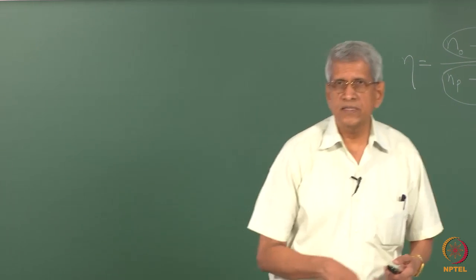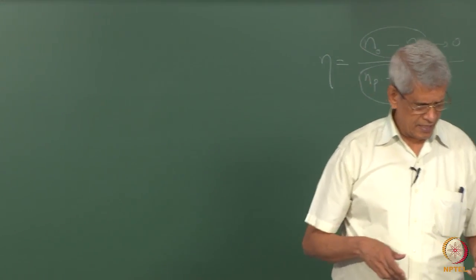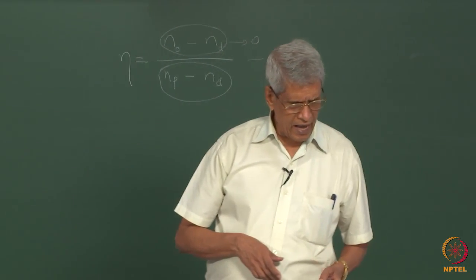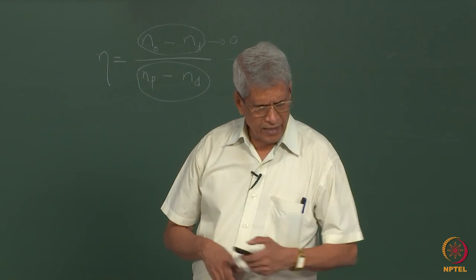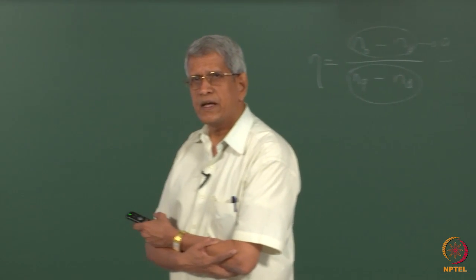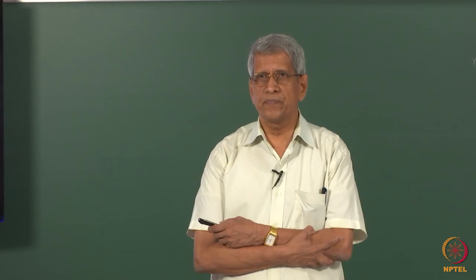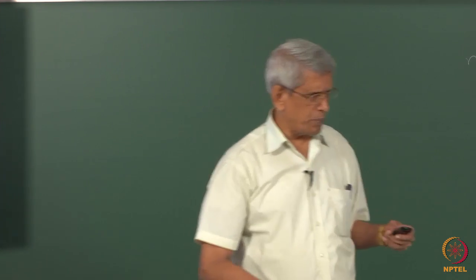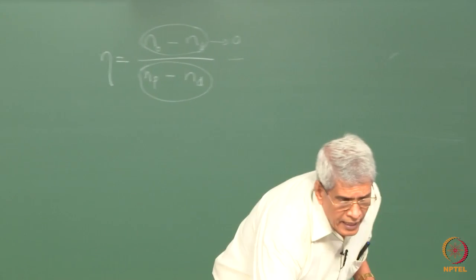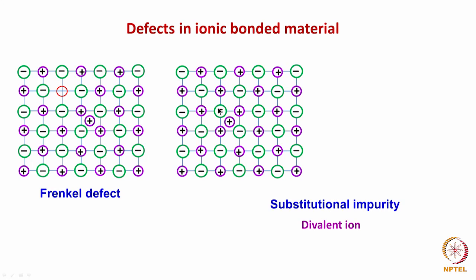Let us take the case where the anion has a charge which is not singly ionized, it is doubly ionized. If it occupies a position like this in this lattice, to compensate for the one negative charge which has come into this site, one excess positive charge has to be added.